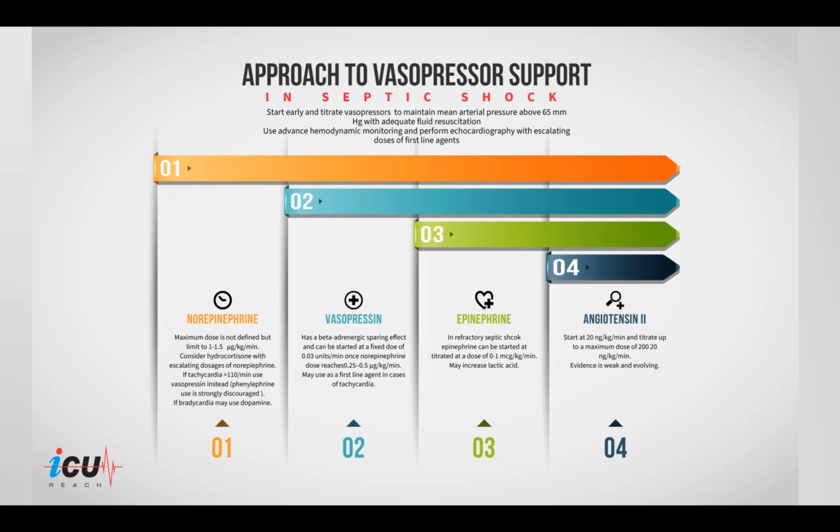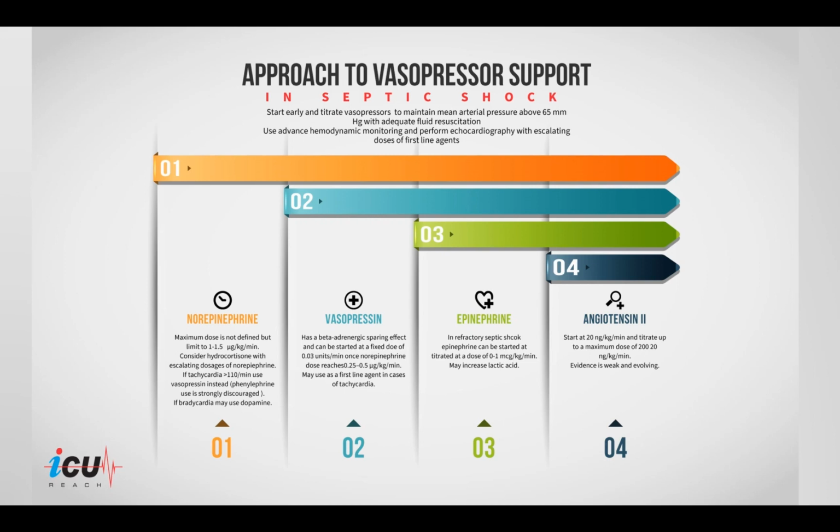Our approach to vasopressors in septic shock starts with norepinephrine. We go up to maximum 1.5 mics per kg per minute. We rarely go above 1. We consider, of course, hydrocortisone with escalating dosages of norepinephrine.